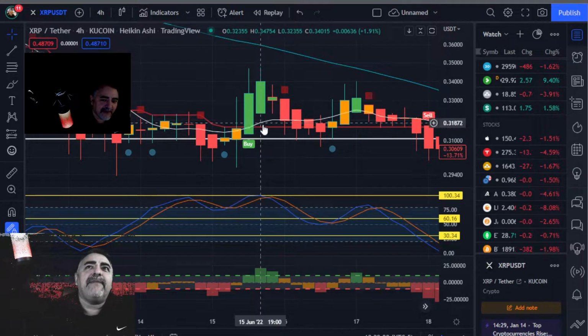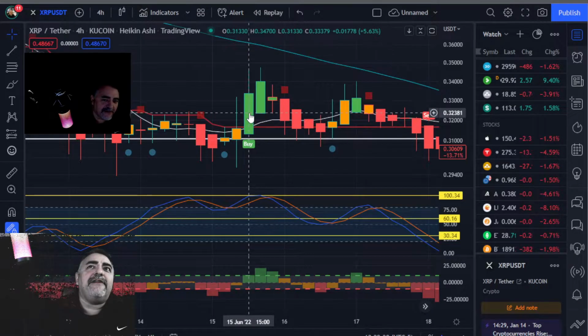So which would be, if you're getting in here at 32 cents, right? You would keep your stop loss at 32 cents, right? Just in case you have any type of pushback.